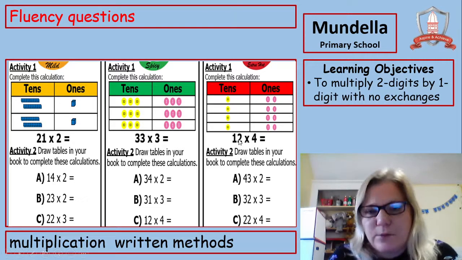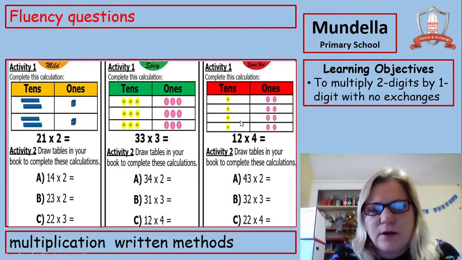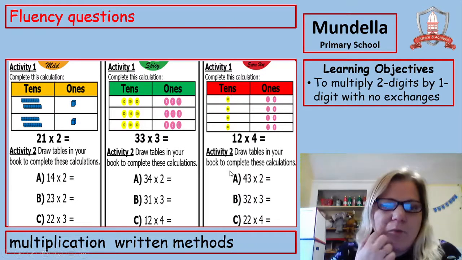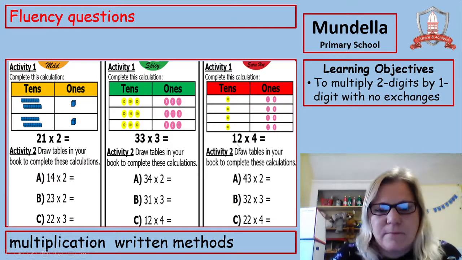So for activity 1, you're going to look at the number that's represented in the place value grid and work out the answer to the calculations. And for activity 2, even if you can do these in your heads, I still want you to do it like it asks you to do.